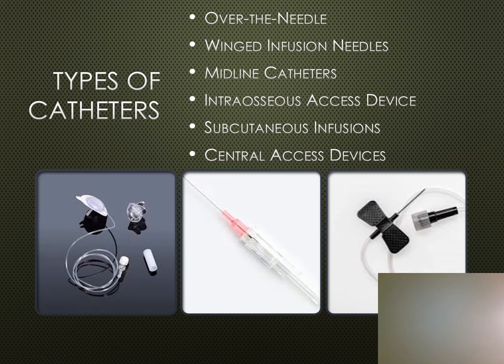Insertion is accomplished with a small drill, or they do have manual needles, and competency must be demonstrated prior to using this device. Preferred sites for the IO are the distal tibia, the proximal tibia, the proximal humerus, and the sternum.